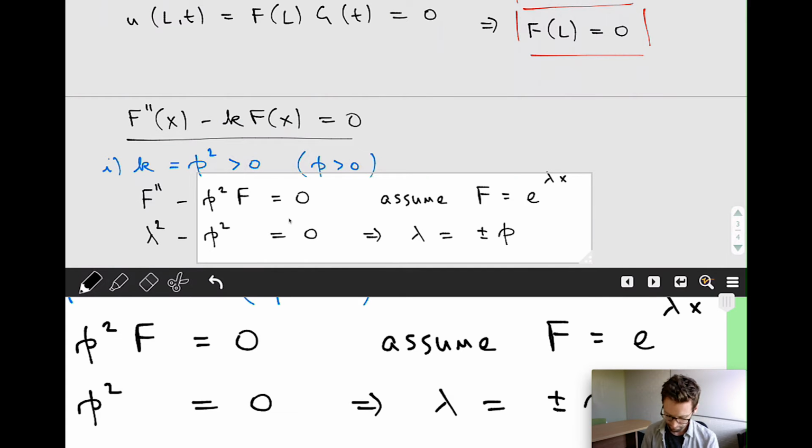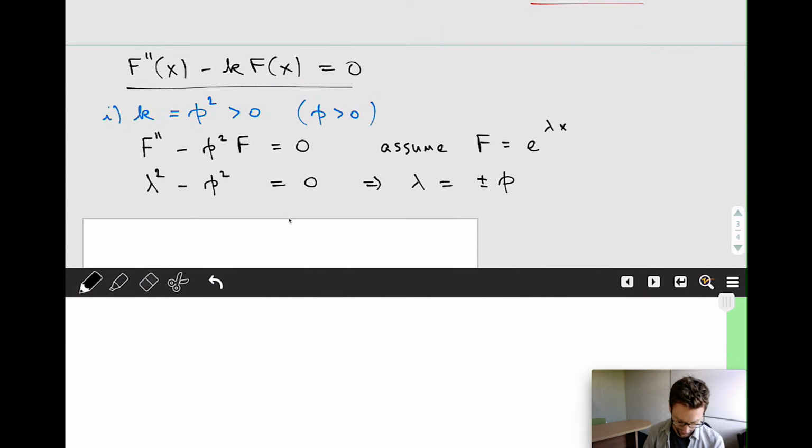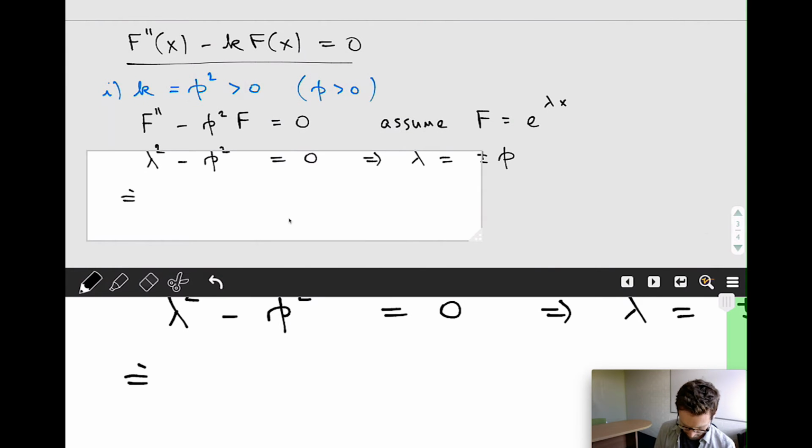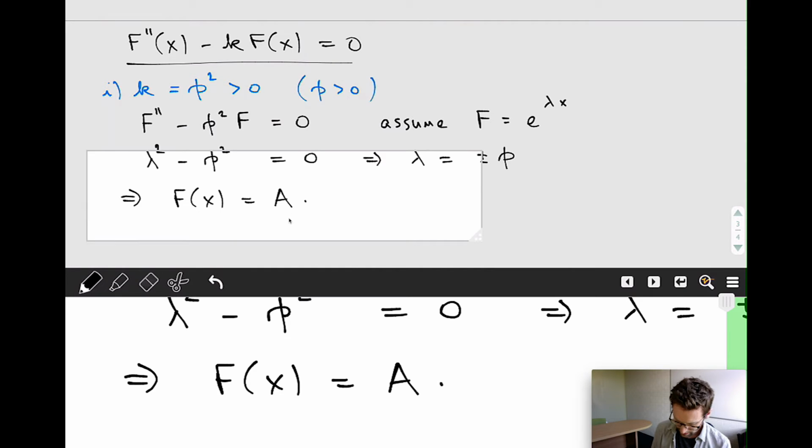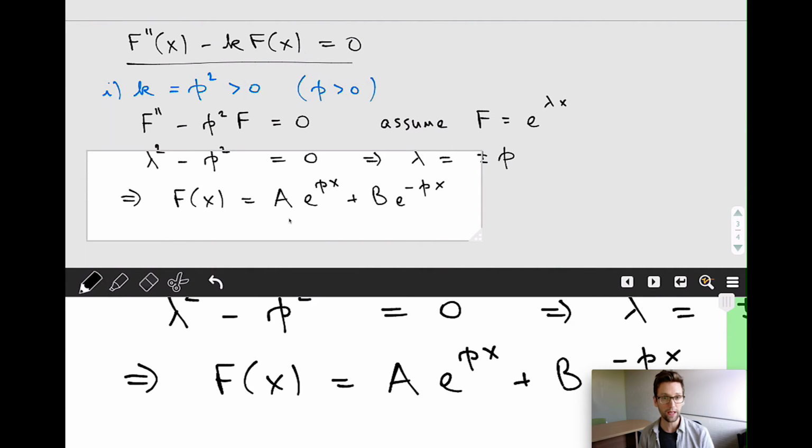So that gives me the following solution. f of x is equal to a times e to the px plus b e to the minus px. So a and b are constants of integration.